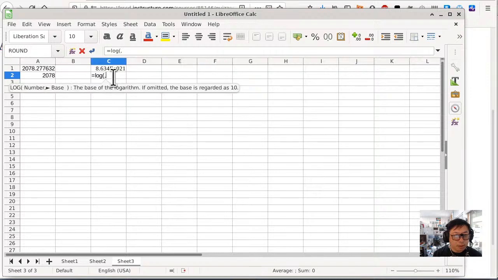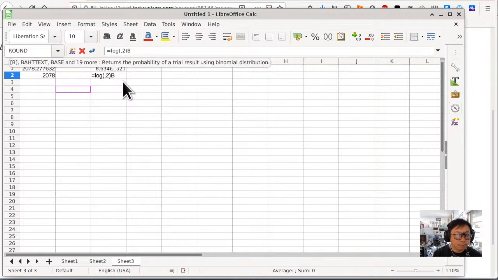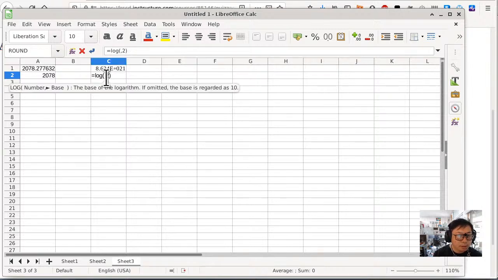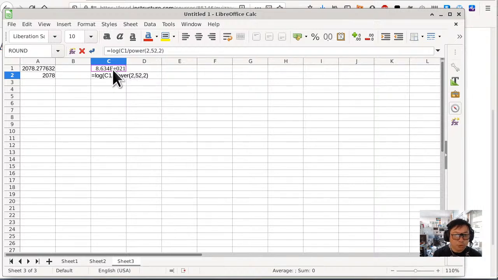We have the log in base 2 of V divided by X. Oh, I misspoke again. This is V divided by X, and X is 2 to the power of 52.